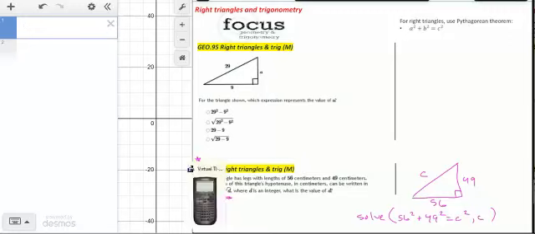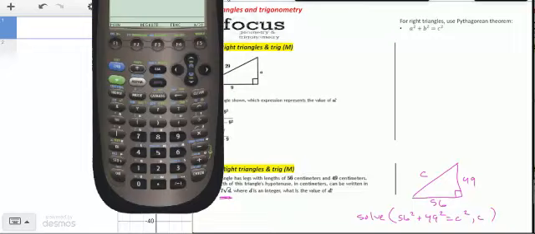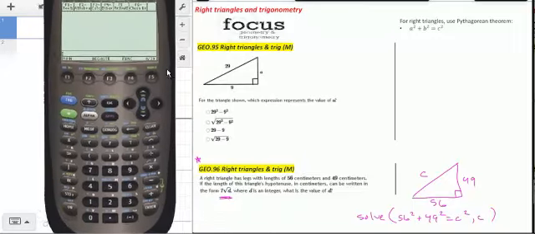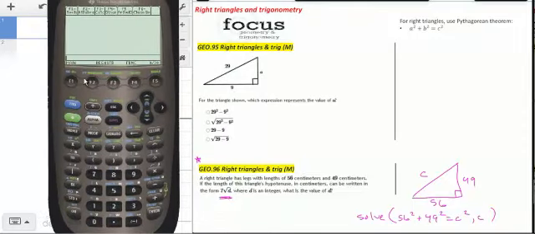If we do that, I'll use the TI-89 first, because this is what I would recommend for a problem like this. Go into the solve feature and type in your problem: 56 to the power of 2 plus 49 to the power of 2 is equal to, and I'm just going to use x here so I don't have to hit extra buttons.